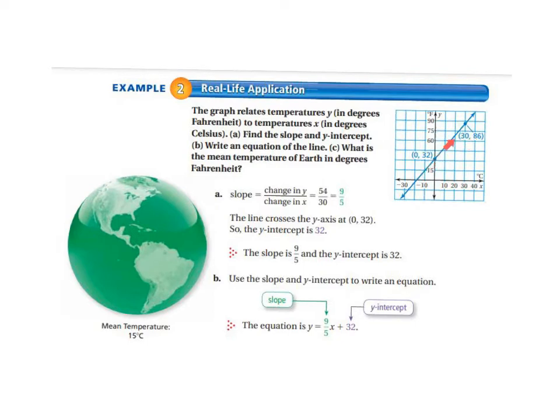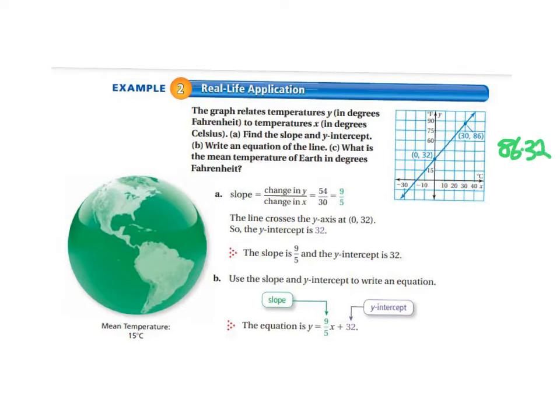Well, if these 2 points are graphed, you can simply figure out the change in y over the change in x. Sometimes it's not easy to just count up and over on a graph for the rise and the run, but you can find the change in y over the change in x. So we have 86 minus 32.